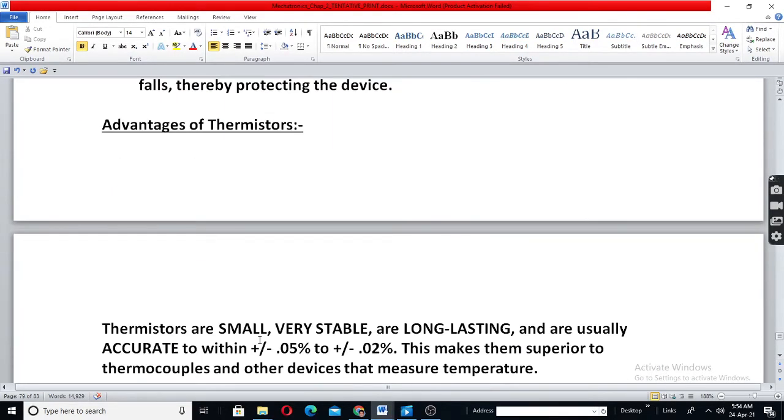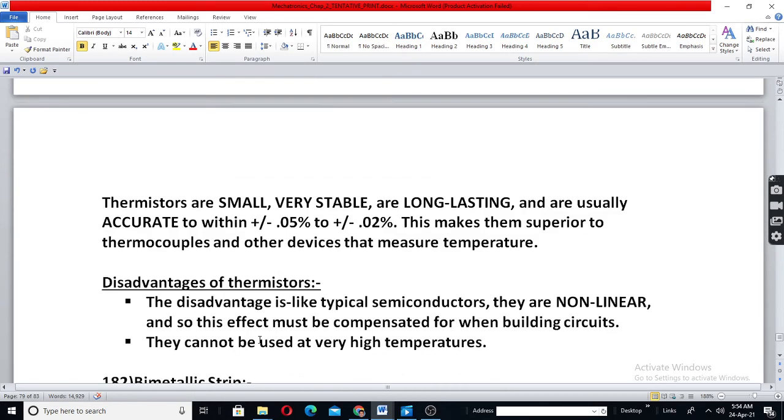The change in resistance is used for controlling or measurement of temperature, controlling the process. Disadvantage is they are non-linear.